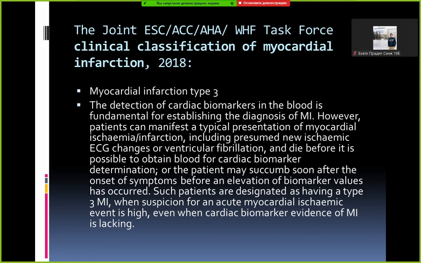Or the patient may succumb soon after the onset of symptoms, before an elevation of biomarkers values has occurred. So such patients are designated as having type 3 myocardial infarction.